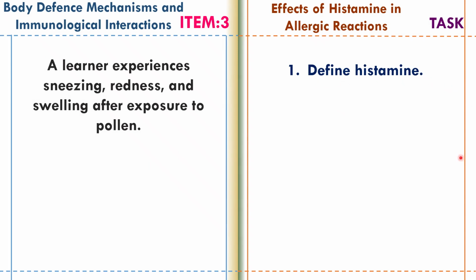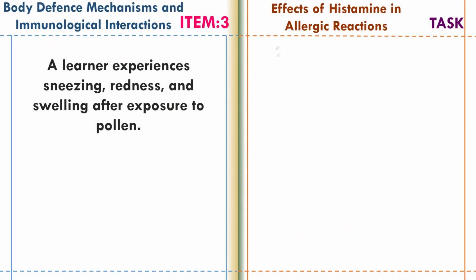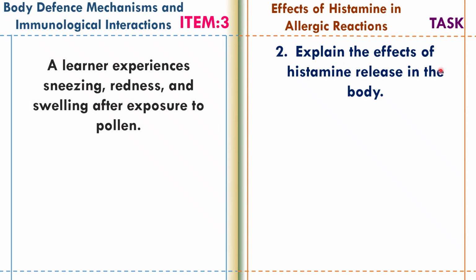Define histamine. Histamine is a chemical substance released by mast cells during allergic reactions. Explain the effect of histamine release in the body.